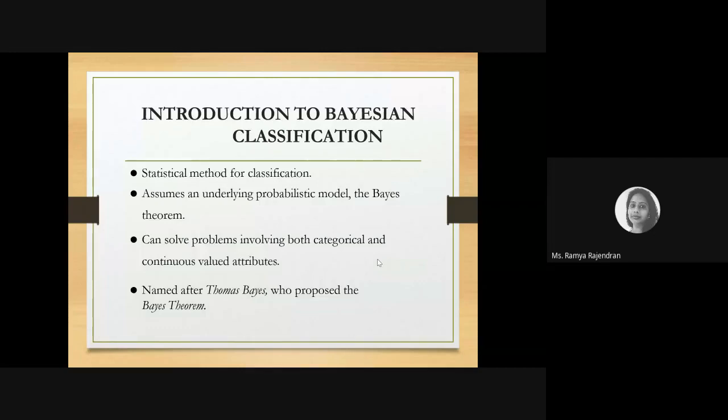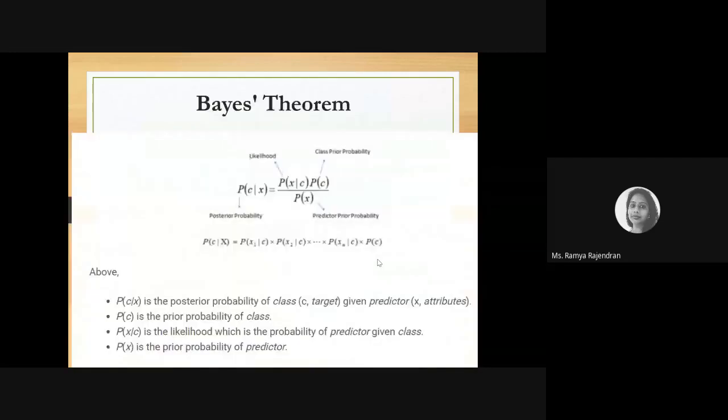The formula for Bayes theorem is: probability of occurrence of event C given X equals probability of X given C, multiplied by probability of C, divided by probability of X. Here the event C given X is called the posterior probability.